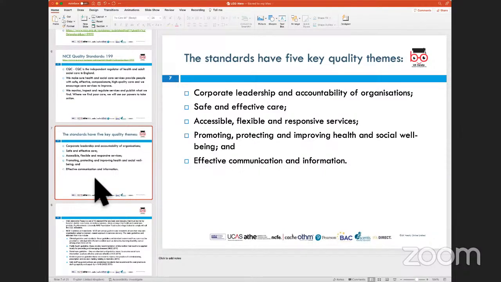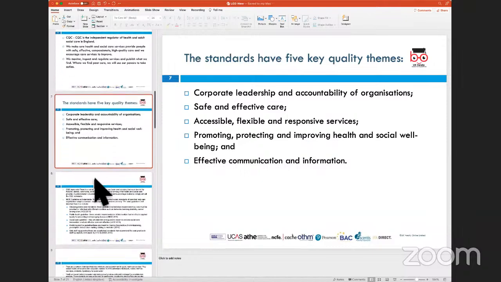The associated parties and agencies should be looking at promoting, protecting, and improving health and social care when these services are provided to members of the public. And there should be effective coordination and communication amongst these agencies or multidisciplinary teams when care is being provided under these 5 broad pillars.